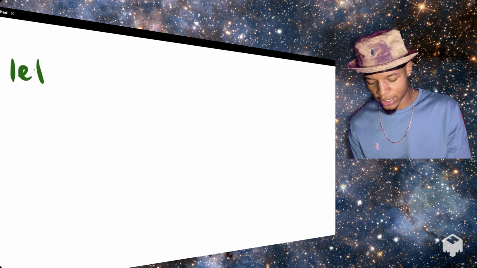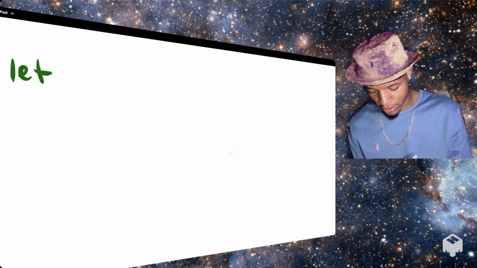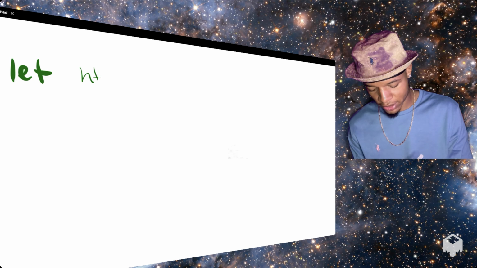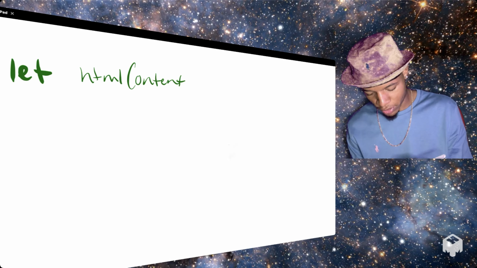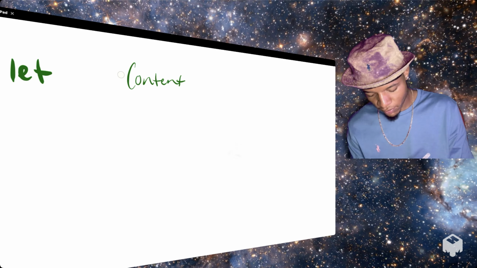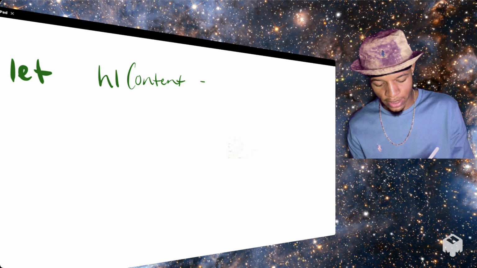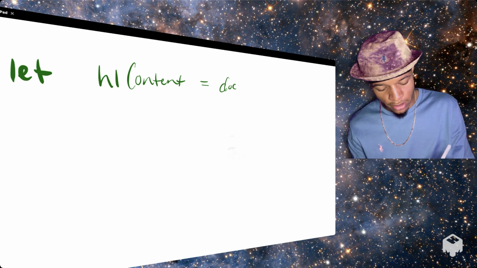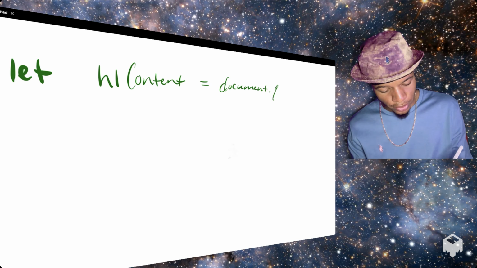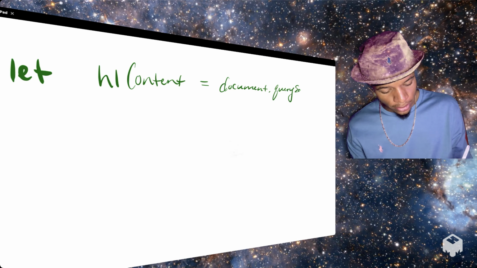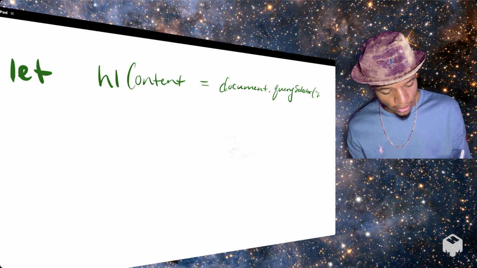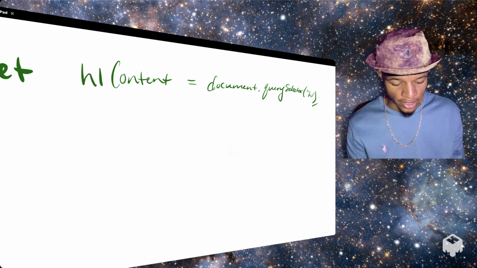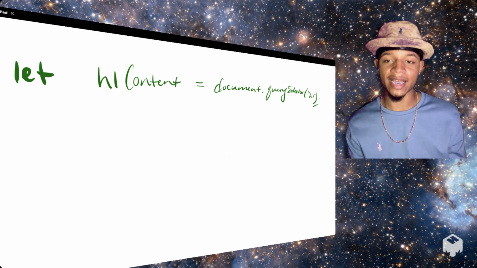In the last video, you saw me write something like let, and I called it H1 content, and I said it equals document.querySelector, and then we passed in the H1 and closed it off like that. Cool. So that's what you saw in the last video.